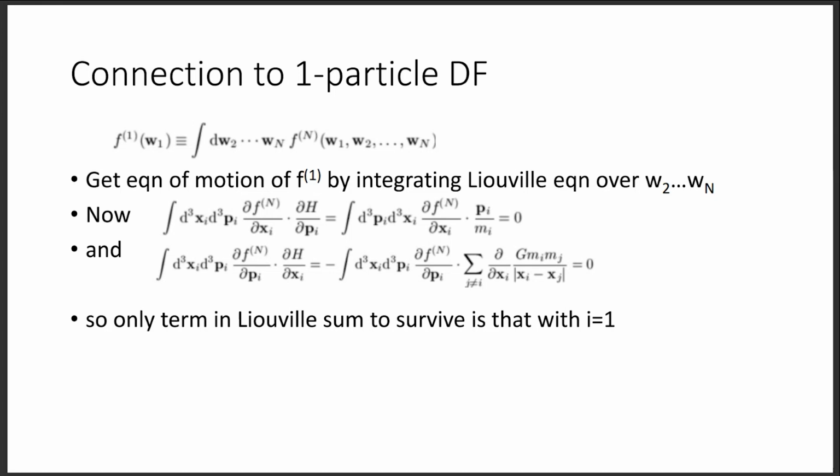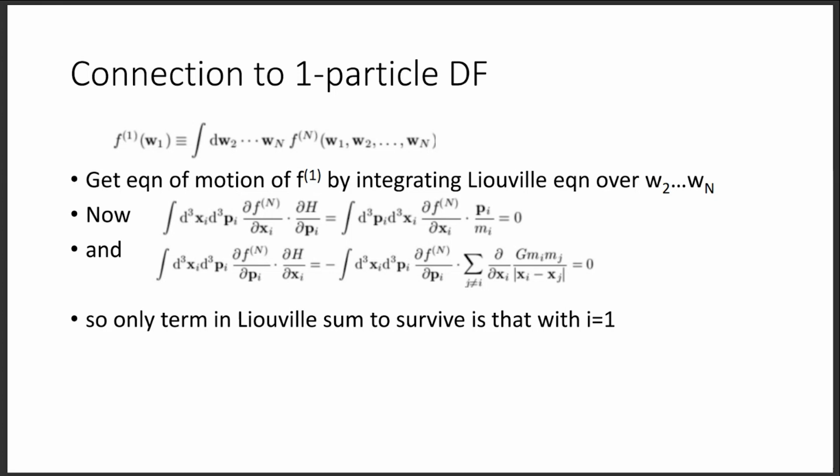This is going to involve derivative with respect to x of f, derivative with respect to p of h. And when we do these integrals, we can use the divergence theorem to wipe this out, because h is p squared over 2m, so I can say that this derivative is simply p, and now I can integrate by parts.